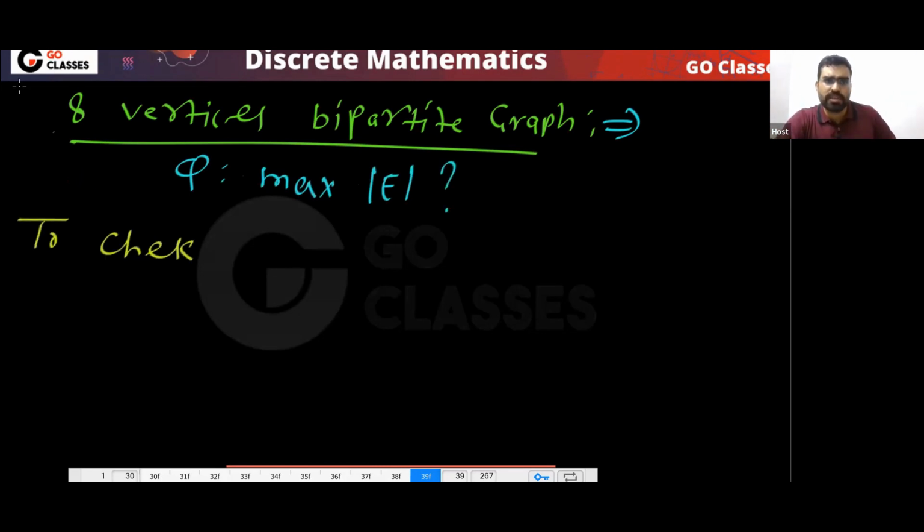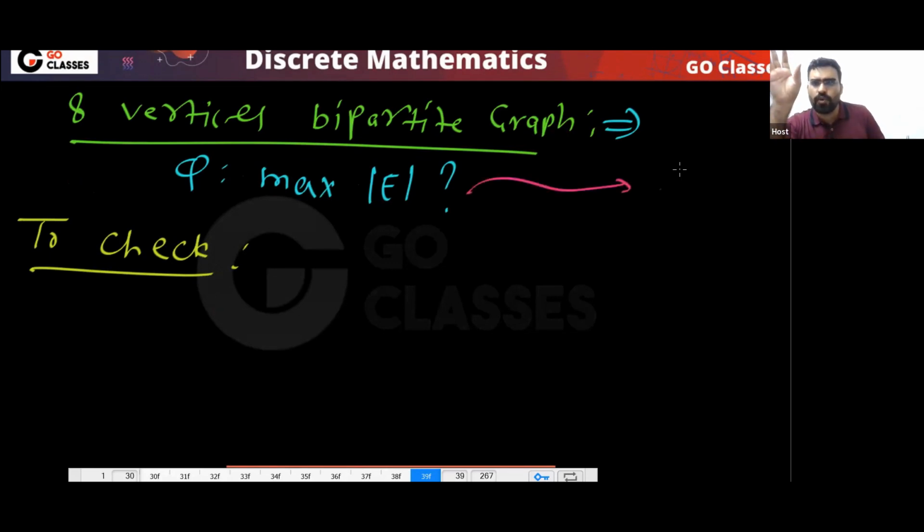Now you know the answer, it is 4 whole square. But if you don't know the answer, what are the cases you need to check?